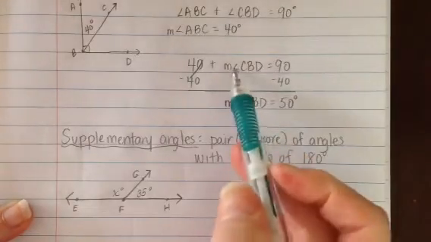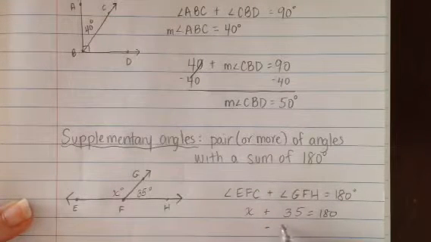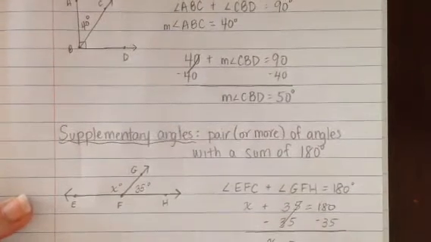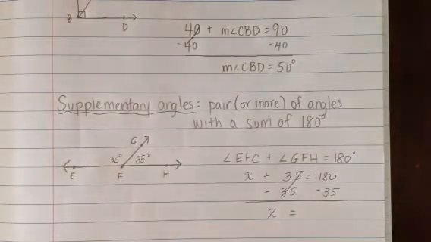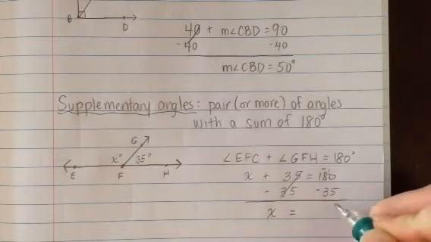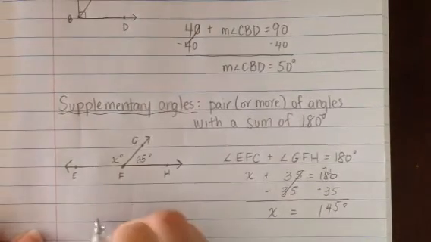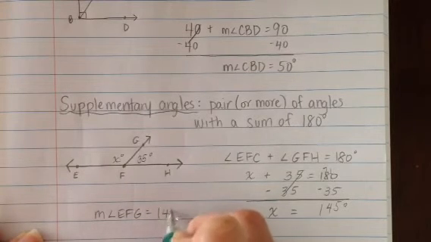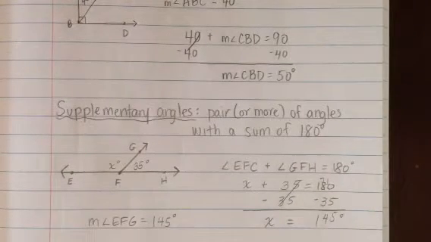We're doing the exact same thing I did up there. I put an X in place of the angle measure. So in order to solve this, you just do 180 minus 35. Algebraically, this is what it looks like. And then X equals 180 minus 35, which is 145 degrees. So then you could say that the measure of angle EFG equals 145 degrees. So that is what complementary and supplementary angles are.